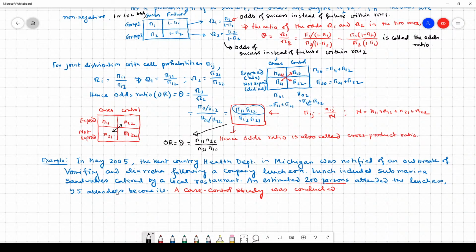After this case control study, we observed that 53 of 54 case patients and 33 of 40 control group, this is not from the case patients, this is the fresh one, controls reported eating lettuce in their submarine sandwich.